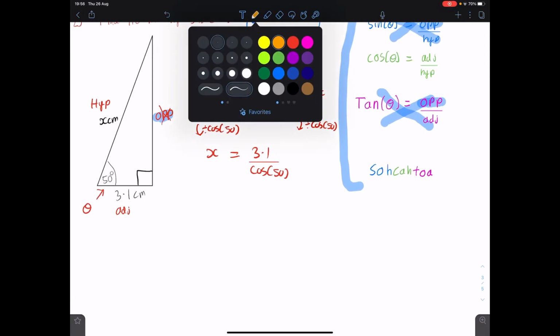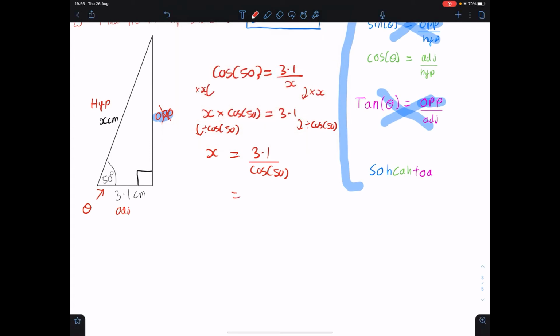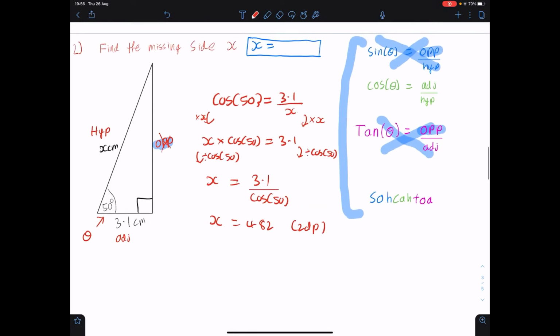And if you type that into the calculator, you will get that x is equal to 4.82, and that is to 2 decimal places. So just like that, we found the length of the hypotenuse, the side that we wanted to find, from using a trigonometric ratio and rearranging our formula.